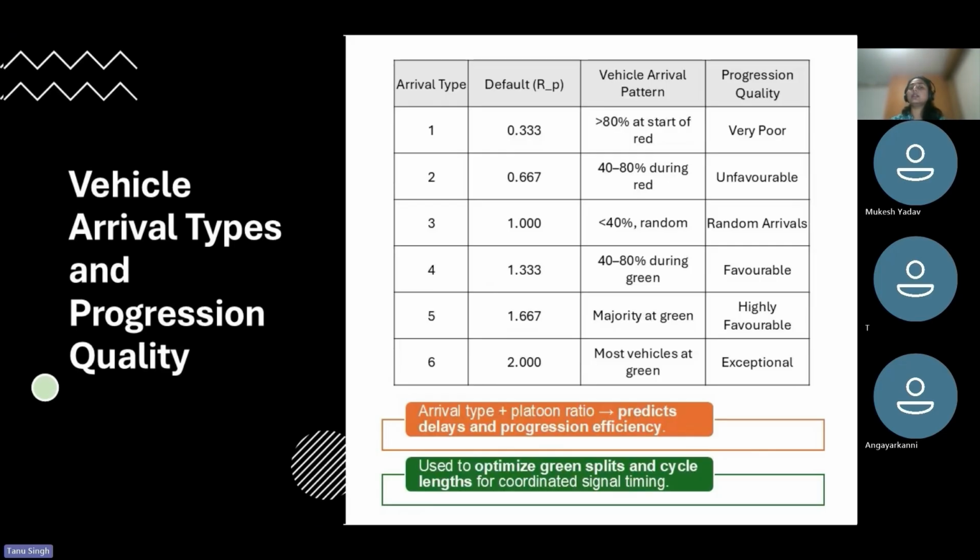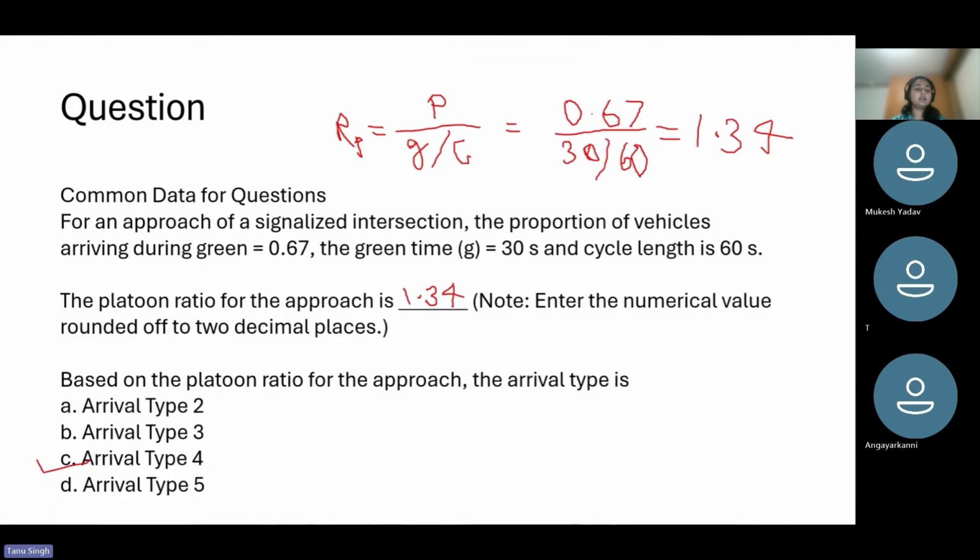So the arrival type is 4. Therefore the answer to the second question is C, that is, vehicle arrival type is 4.